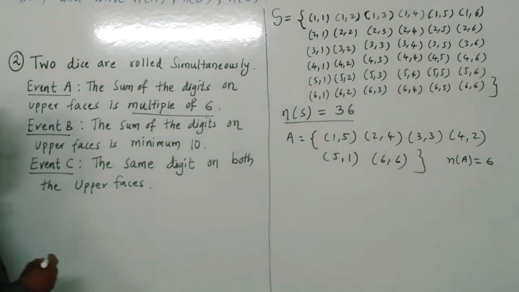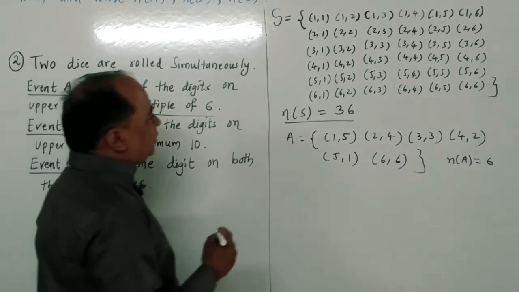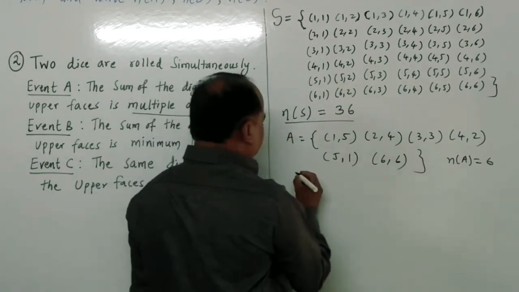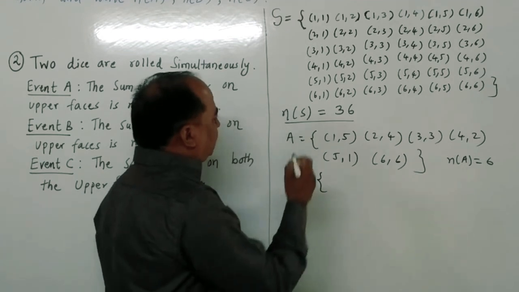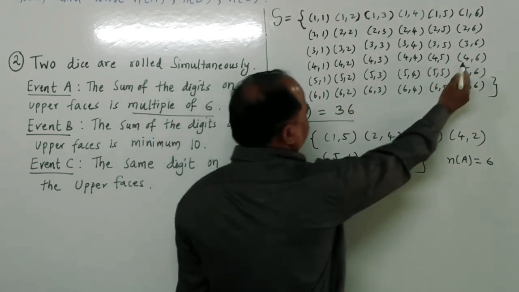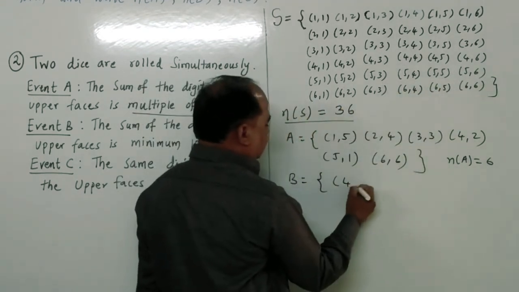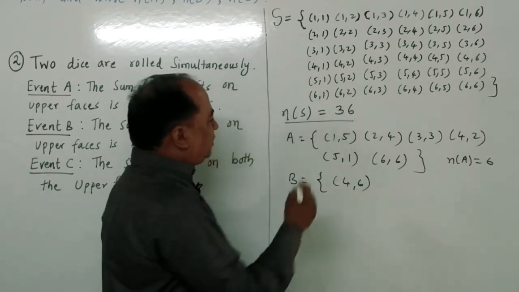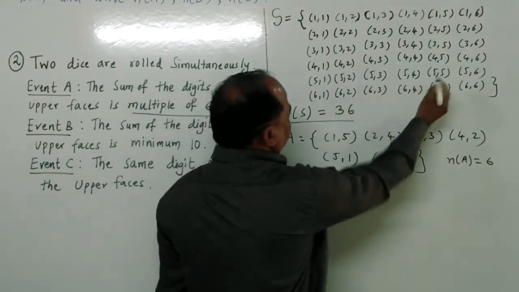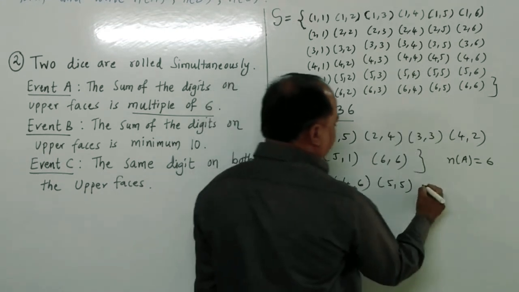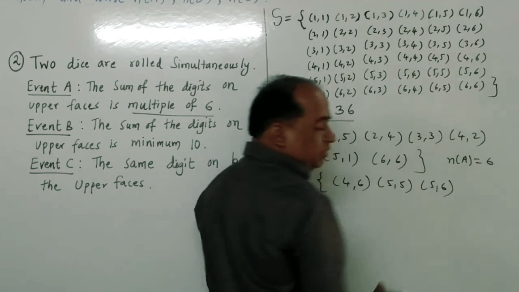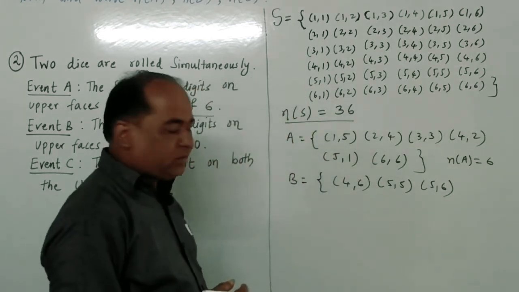Now second, the sum of the digits on the uppermost faces is minimum 10. So the sample points in event B should sum to minimum 10. So it is (4,6), 4 plus 6 is 10, then (5,5), 5 plus 5 is 10, then 5 plus 6, it should be 10 or more than 10.